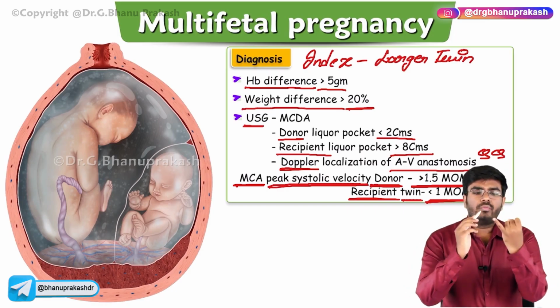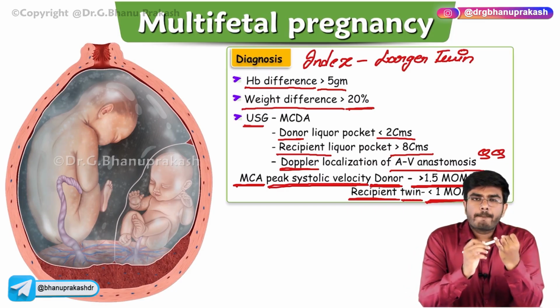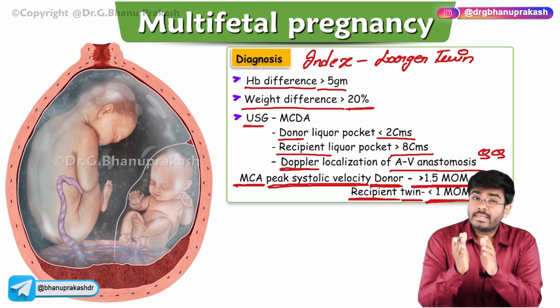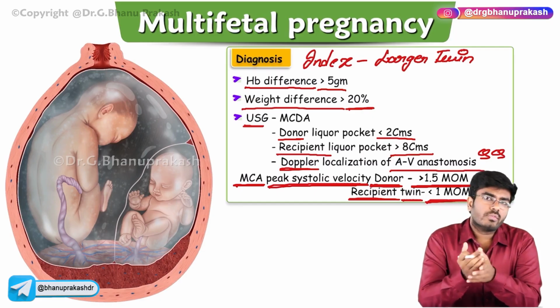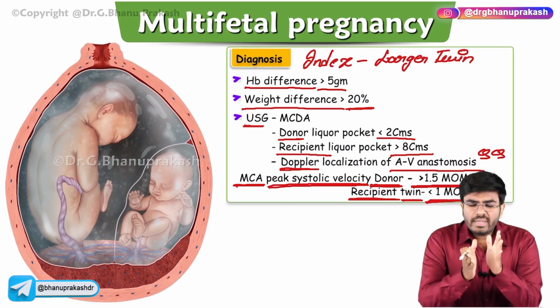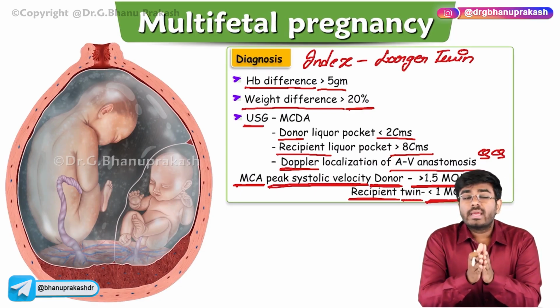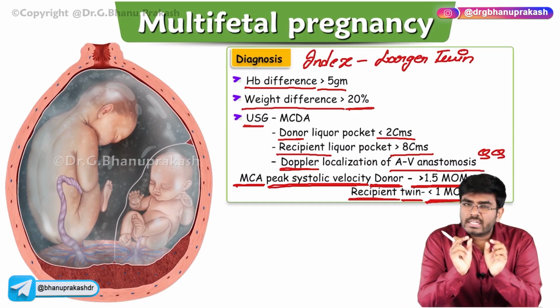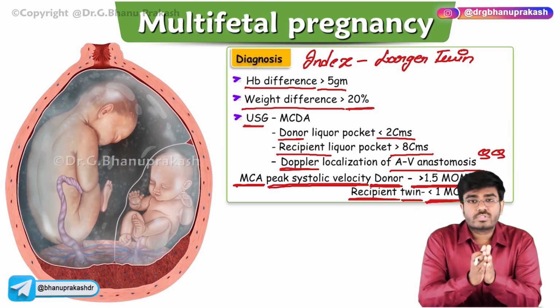Let me recap. If you look at the difference between the hemoglobin values, more than 5 grams per dL indicates that this is a condition of twin transfusion syndrome. Weight difference between the two twins more than 20%, think about twin transfusion syndrome. If you look at the Doppler and see the arteriovenous anastomosis, twin transfusion syndrome.